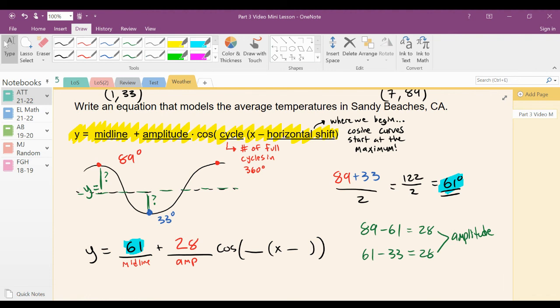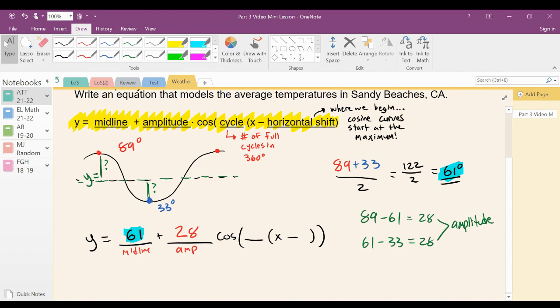The cycle is basically how many full periods of this cosine curve are going to happen in 360 degrees. Well, we know that this is happening every 12 months. We repeat, right? So if it's repeating after every 12 months, that means we can figure out how many cycles are in 360 degrees by doing 360 divided by 12.